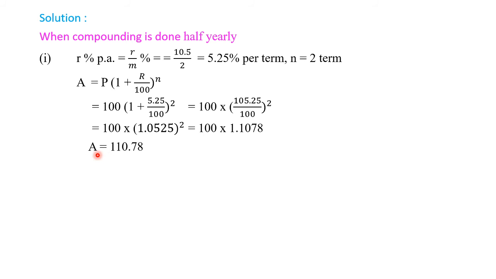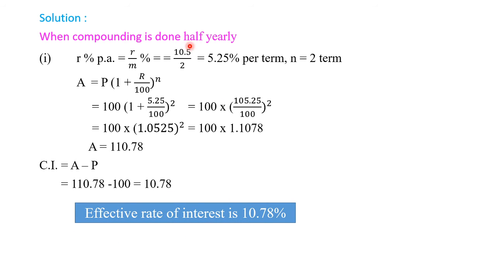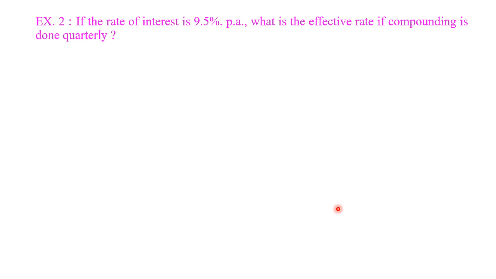Amount A is equal to 110.78. Compound interest is equal to A minus P, amount minus principal, 110.78 minus 100 is equal to 10.78. And effective rate of interest for compounding half yearly is 10.78%.